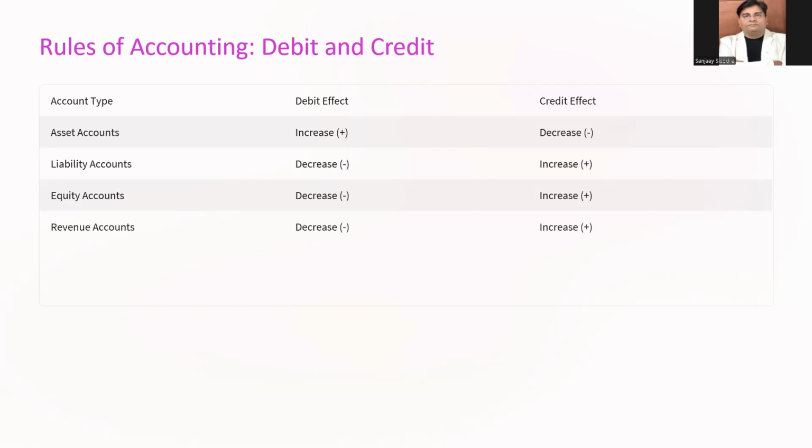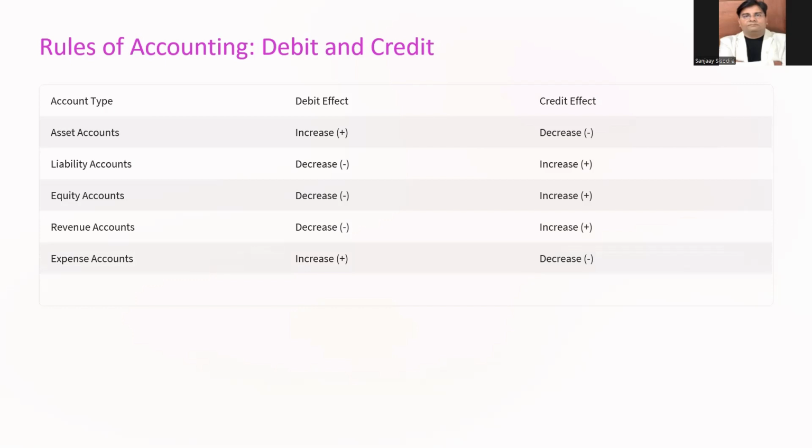For revenue accounts, whenever there is a decrease in revenue or income, we debit it, and whenever there is an increase in revenue or income, we credit it. And then we have the expenses account. If there is an increase in expense, the account is debited.